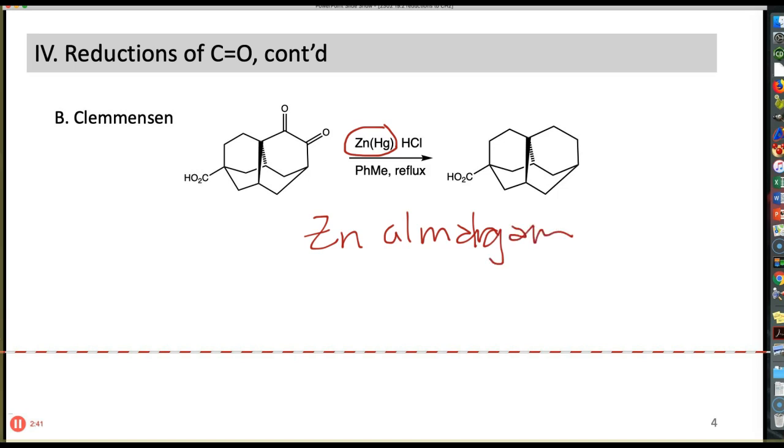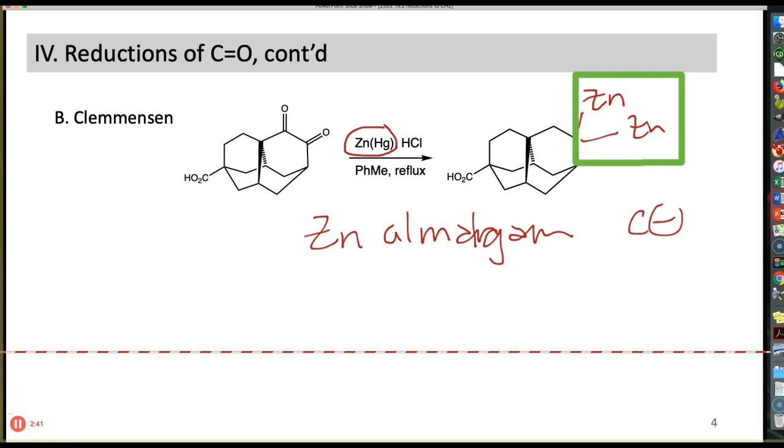And when I treat my diketone with the zinc amalgam, what I eventually do is end up making carbon-zinc bonds. The mechanism is not something we need to focus on. I'm just giving you a little bit more information so that you can see that this looks a lot like, I hope, a C-. It's another organometallic. It just happens to be an organozinc.